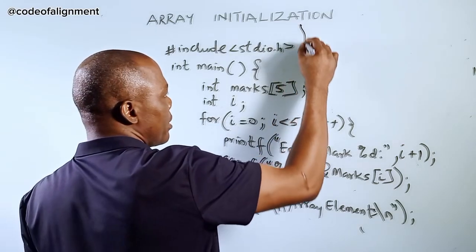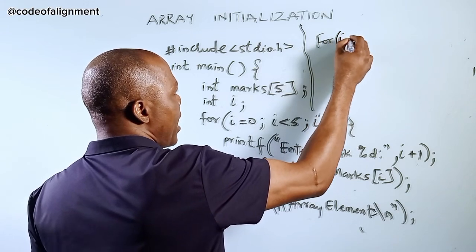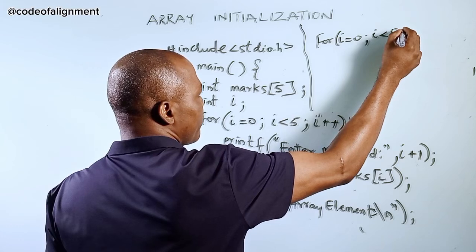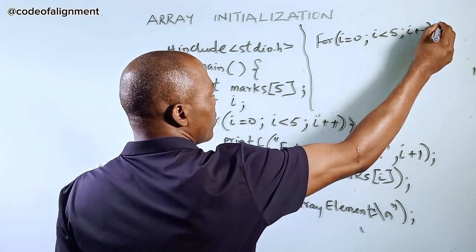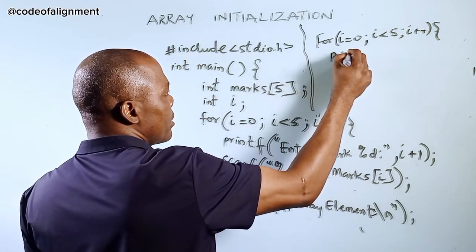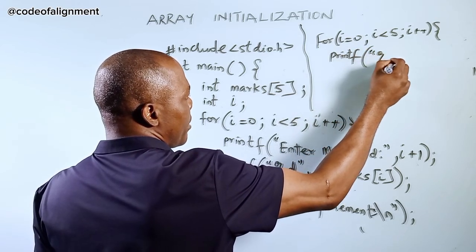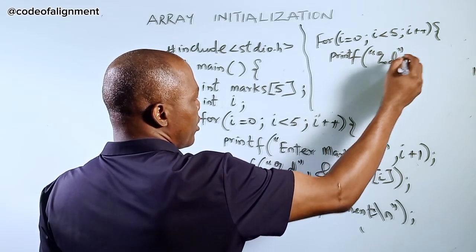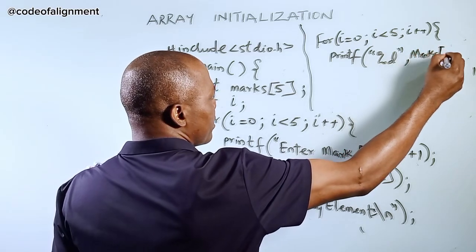So I'll just say for i = 0; i < 5; i++, then I'll do this. So I'll say printf("%d", max[i]).